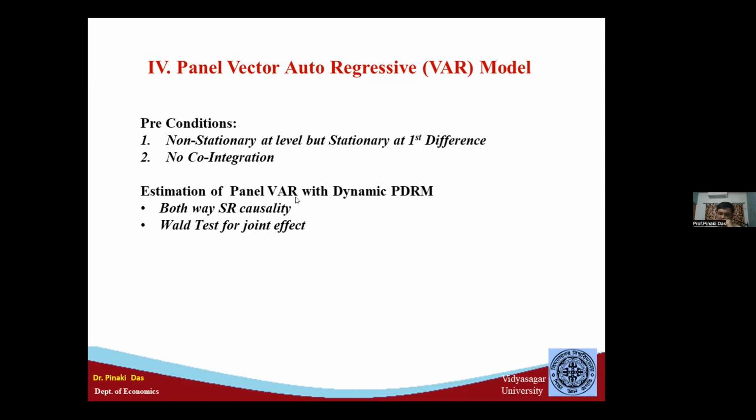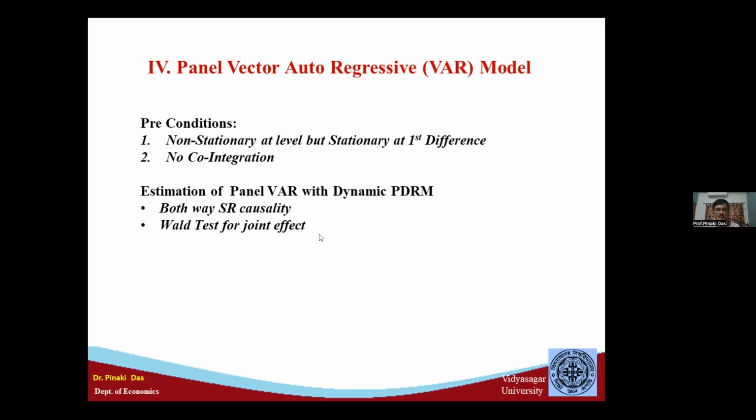In this case we are only able to estimate the short-run causality, not the long-run causality, because to estimate the long-run causality the precondition is that the variables have a long-run association, that is, they satisfy the co-integration test. If they are not co-integrated, we can only estimate short-run causality by VAR. There is also the option of the Wald test to estimate the joint effect of different cross-sections or different short-run periods on the dependent variable.